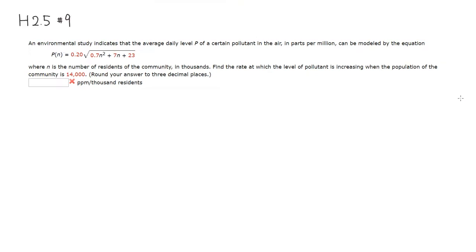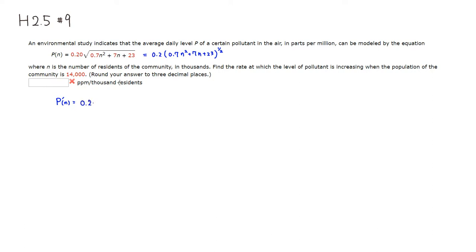All right, so let's take the derivative. I'm going to rewrite this first as 0.2 times the quantity 0.7n squared plus 7n plus 23, raised to the 1/2 power. Then we take the derivative of P with respect to n. 0.2 is just a constant multiple, so I'll put it in front.